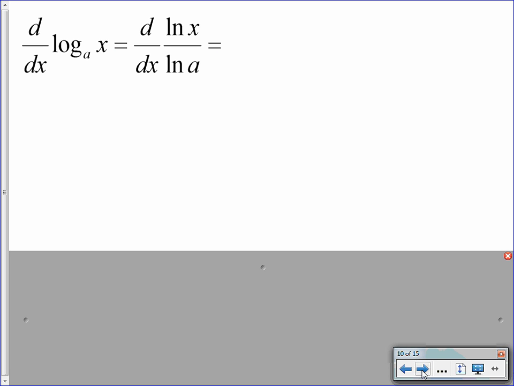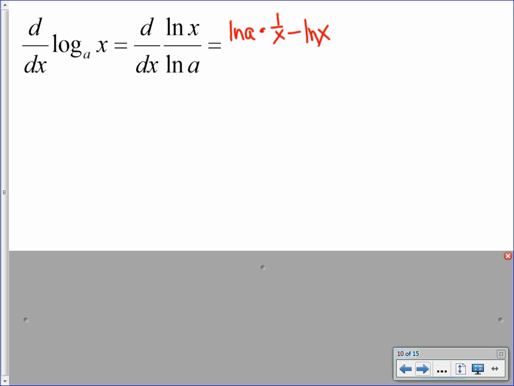So this is a quotient, right? We converted it to natural log with the change of base formula. So we have low d high minus high d low.